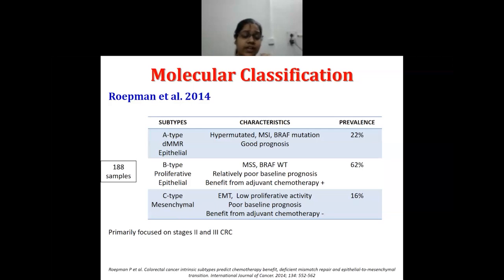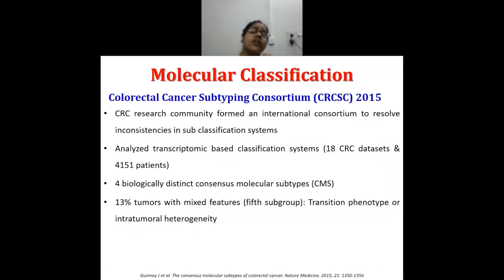all the colorectal cancers. Now, the colorectal cancer research community formed an international consortium, the Colorectal Cancer Subtyping Consortium, in the year 2015 to nullify these inconsistencies existing in the subclassification system. They analyzed transcriptomic-based classification, including around 4,151 patients, and gave 4 biologically distinct consensus molecular subtypes by the name of CMS.